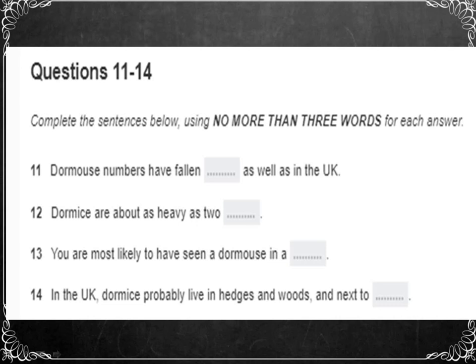Now, you've probably all seen a picture of a dormouse, but you're very unlikely to have seen a real one because they're strictly nocturnal. Also, they hibernate from October to April, so it's not around at all for about half the year. So where is the dormouse to be found? Well, dormice need to be near a variety of trees and plants so they can be sure of a continuous supply of food throughout the spring and summer.